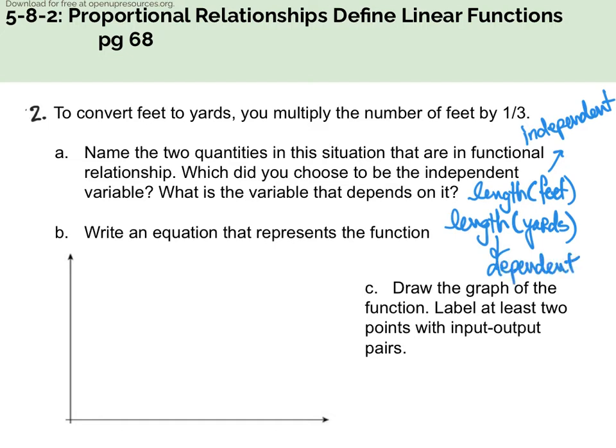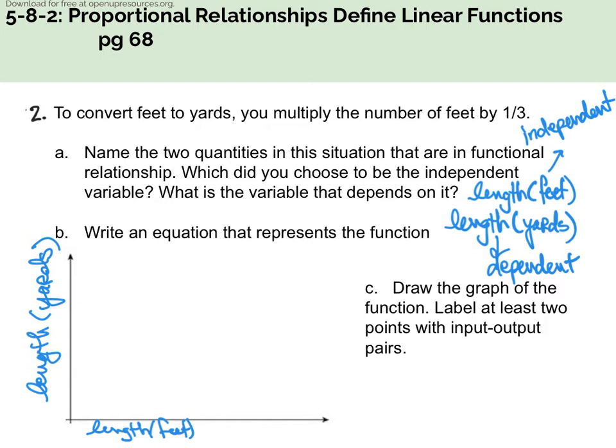So let's go ahead and label our stuff. So we're doing length in feet. And then we're also doing length. This is yards. So now we want to write an equation.